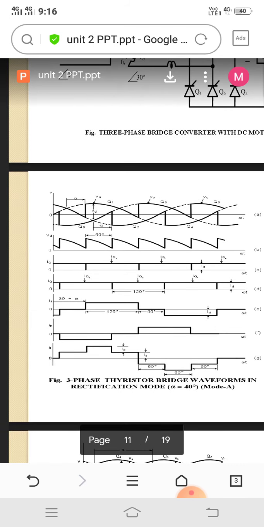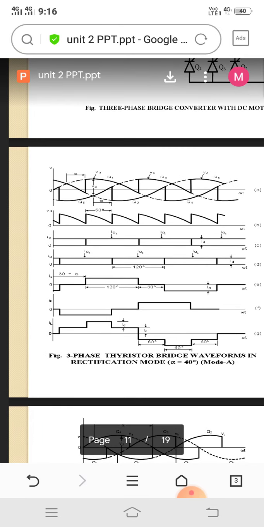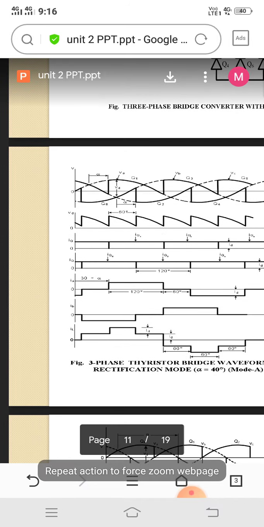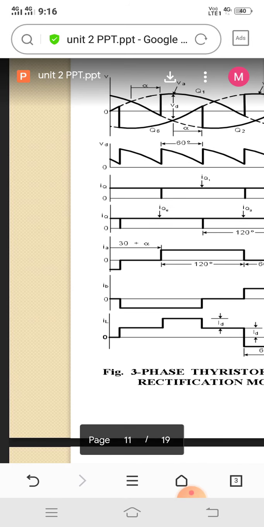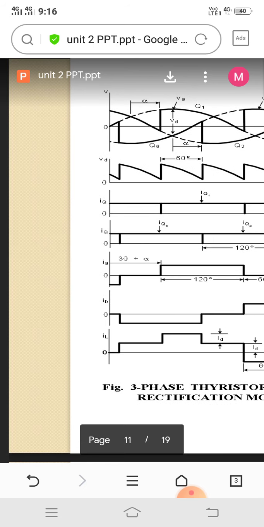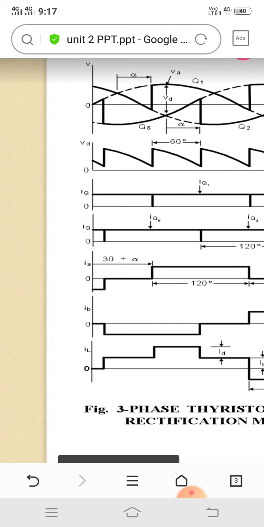Again, we have to clarify this graphical representation. Look at this graph on the PPT. We have six graphs. V is the voltage applied across the three-phase fed DC motor drive block diagram. Initially we give the three-phase AC supply to that block diagram, represented by the letter V. Then VD is the output voltage.